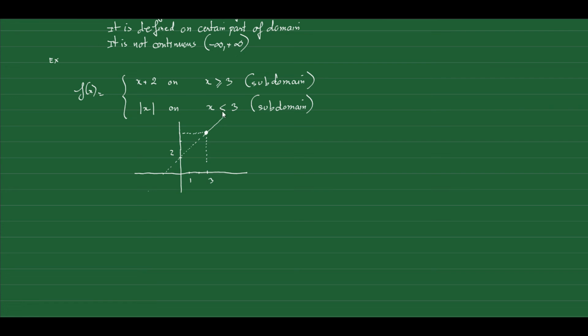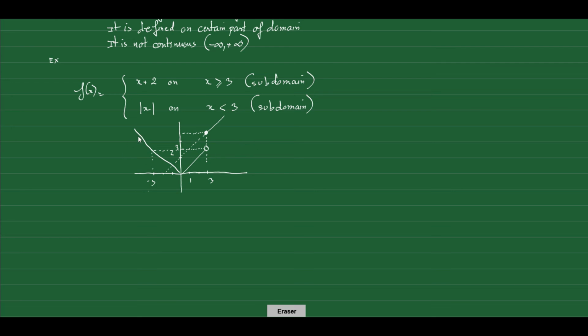Now, that is for x plus 2, and for this one, if x is 1, the absolute value is 1, and for 3, it will be 3, right here. It's the open circle at 3. If it is negative 3, it will be 3, negative 1, negative 2, negative 3. So you're going to have something like this.